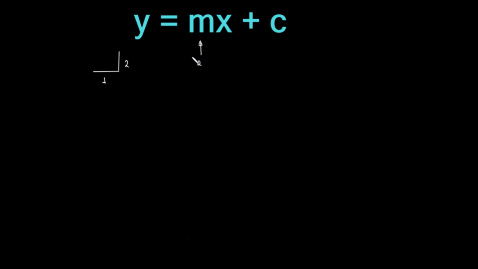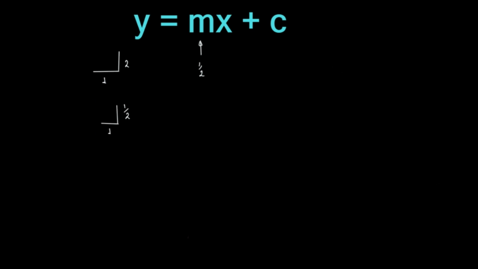If again the amount along was 1, it's always 1, and up is a half, then m is a half.